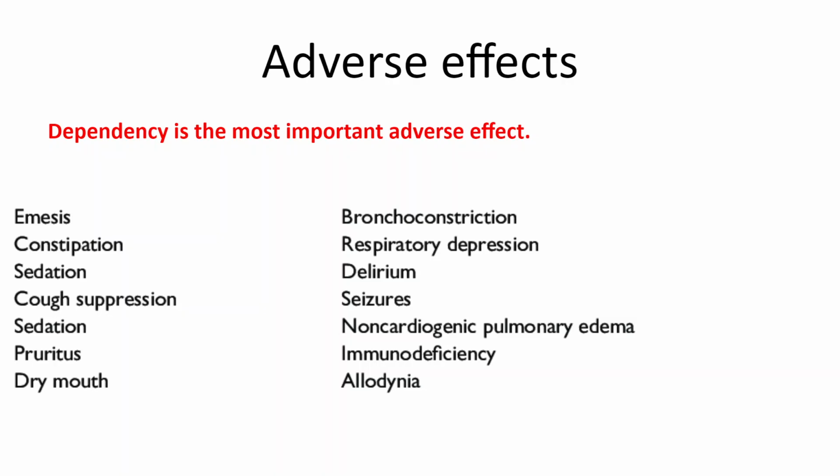The other adverse effects are pruritus, itching can occur, dry mouth and bronchoconstriction, respiratory depression can also occur, and delirium and seizures can also occur in such conditions. Morphine is the drug of choice in case of pulmonary edema produced due to myocardial infarction. But at the same time, in some other patients who were otherwise normal, there could be a pulmonary edema induced due to stasis of the circulating blood in the lungs.